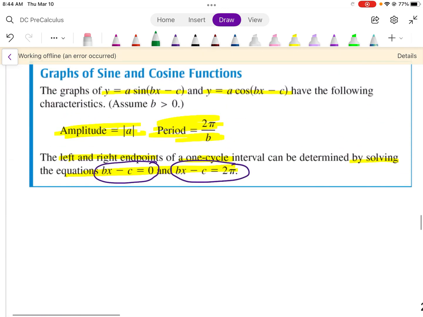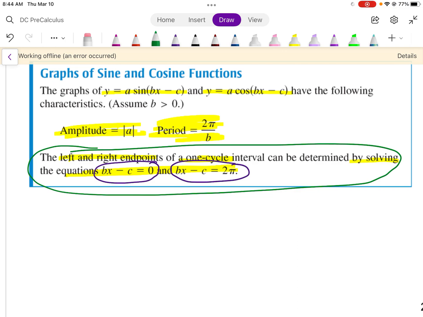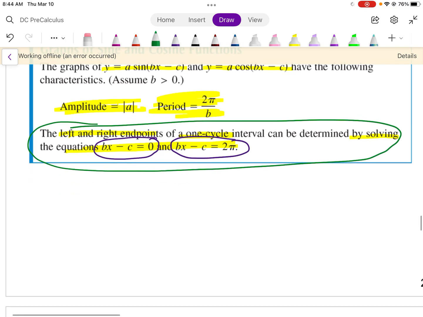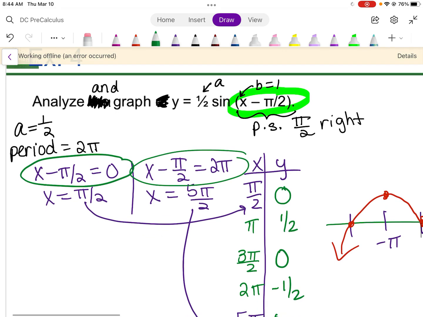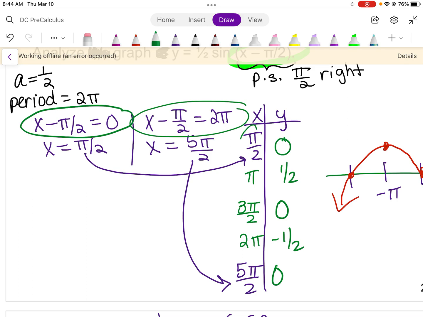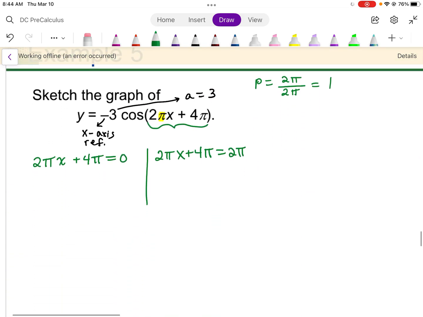So you guys had written down right here that the left and right endpoints of one cycle are found by solving these two equations. That's what I did here. I took x minus pi over 2 equal to 0 and 2 pi. And those x values became the endpoints of one cycle. We're going to do that same thing here.